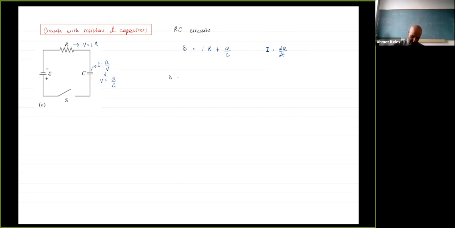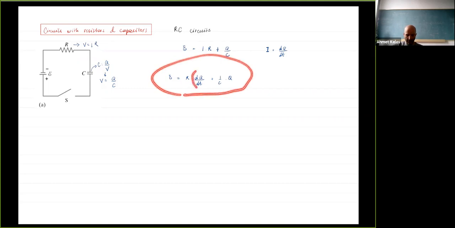So E is equal to R times dQ/dt plus 1 over C times Q. All right? How about this equation? Can we do anything about this? So, general strategy: these things are called differential equations.